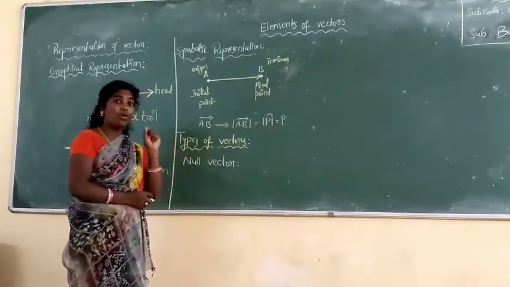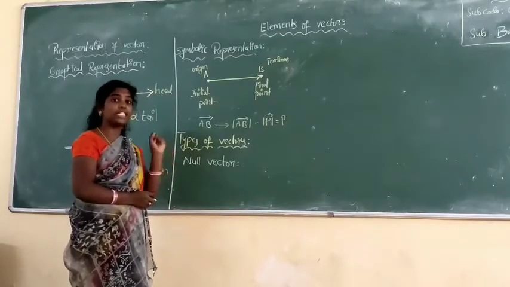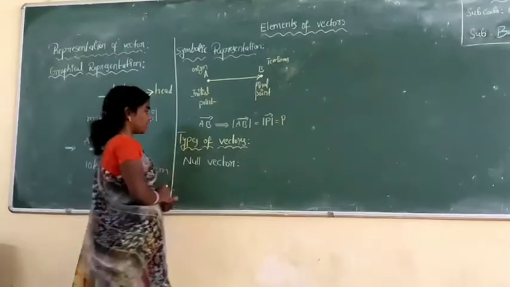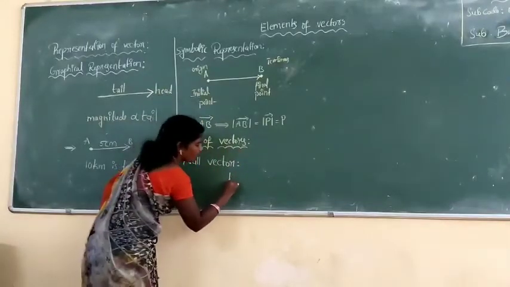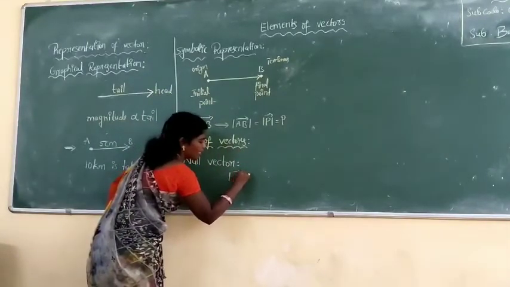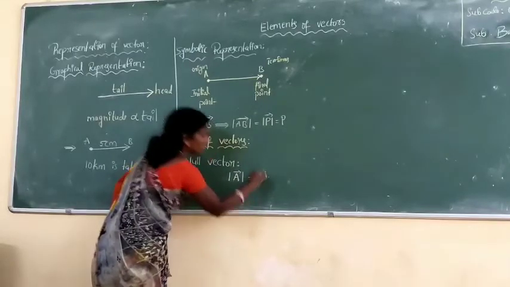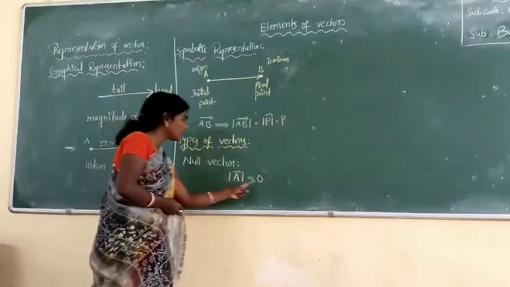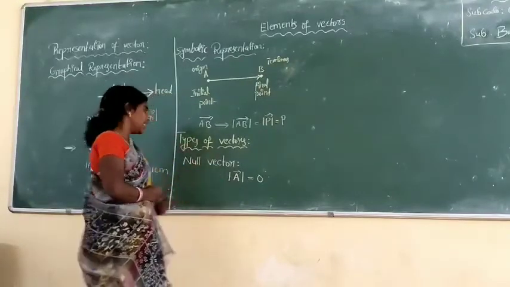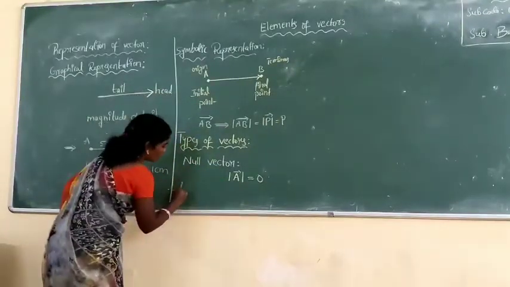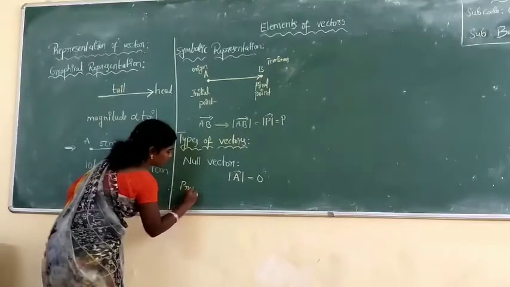The vector whose magnitude is 0 is called a null vector. How is it represented? This is the vector equal to 0. So the vector whose magnitude is 0 is called a null vector.